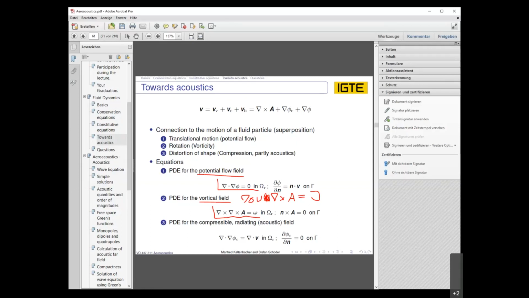And the last mode, so the compressible or radiating acoustic field, can be obtained by this Poisson equation. This is just post-processing of a CFD solution.